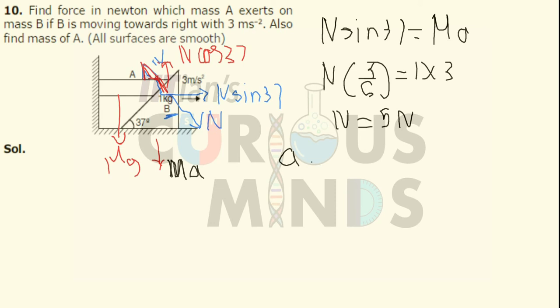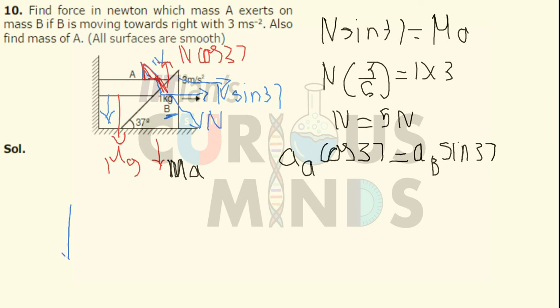The acceleration of body A into cos 37 will be equal to AB into sine 37. Now how did I obtain this value? Since this body is only accelerating in the downward direction, and since body B is accelerating in the right hand side direction, if I draw the vector diagram, AA will be in the downward direction, AB will be in this direction.